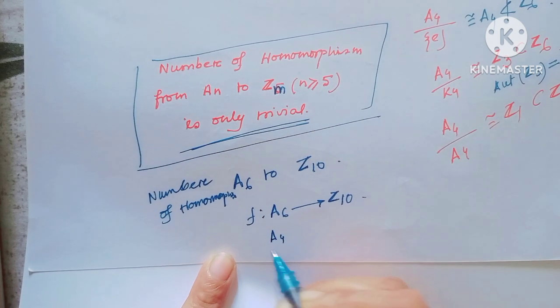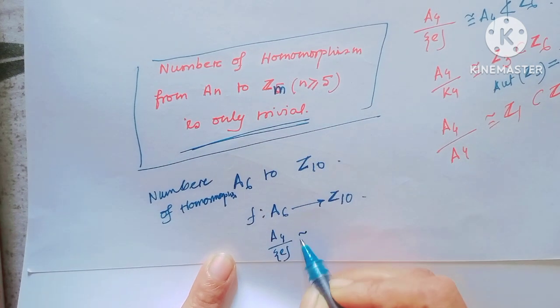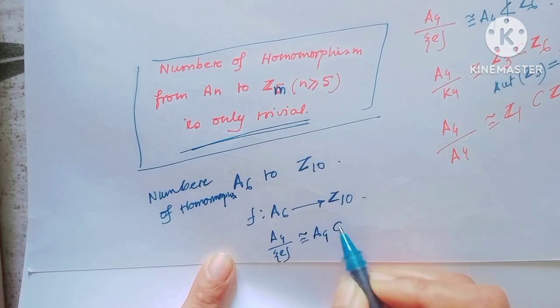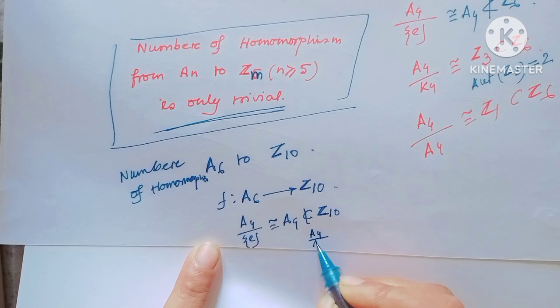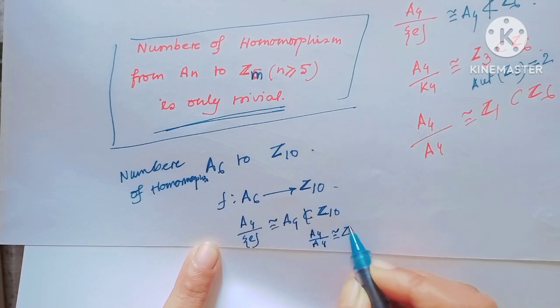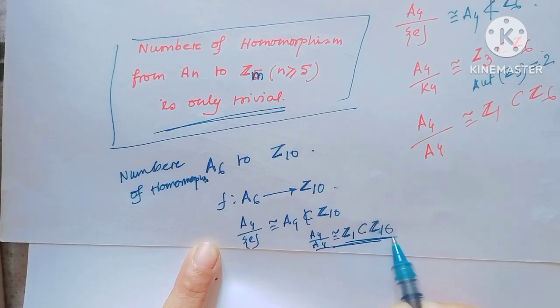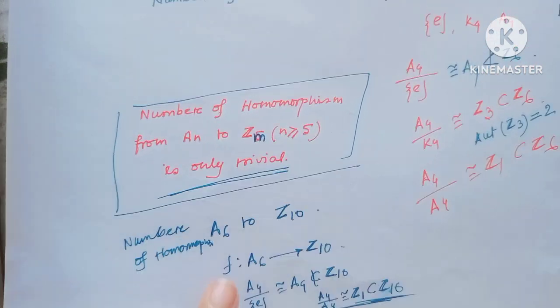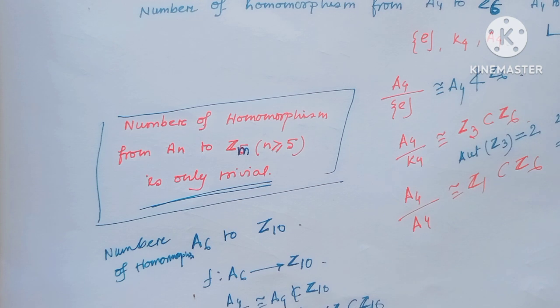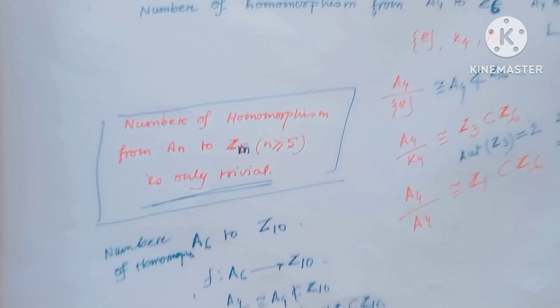Then A6 modulo identity is isomorphic to A6, and this is not a subgroup of Z10, and A6 modulo A6 is isomorphic to Z1, and Z1 is a subgroup of Z10. So only the trivial homomorphism is possible. So when n is greater than or equal to 5, An to Zm, since the An group is simple, only the trivial homomorphism exists.